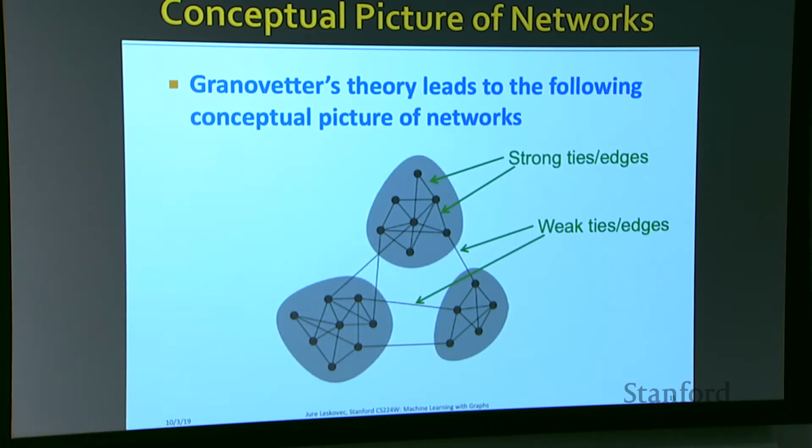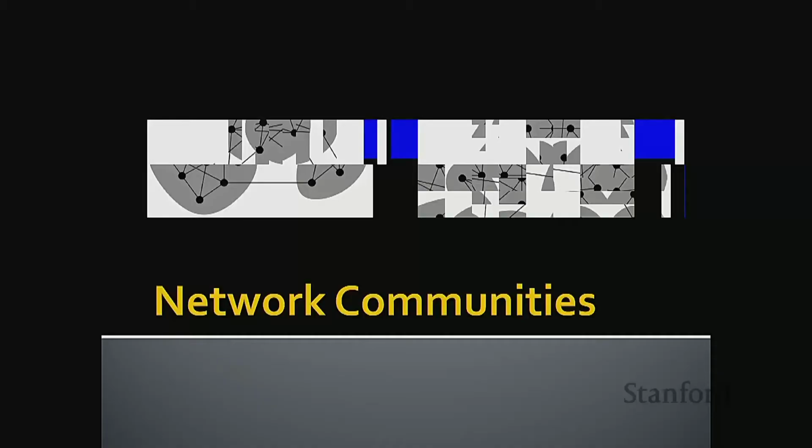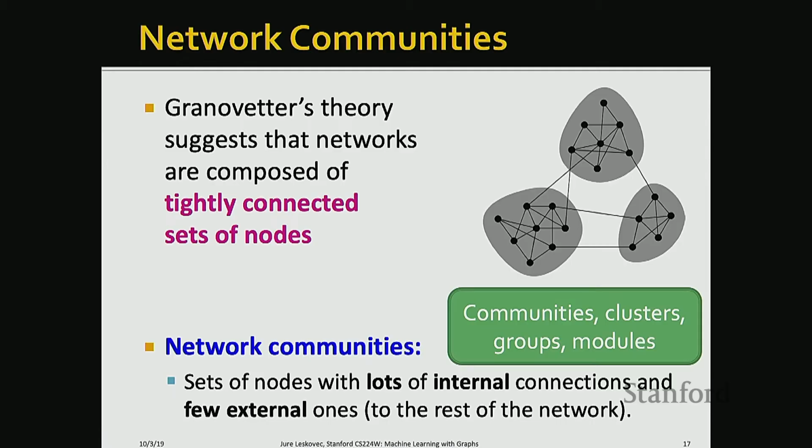So this was the introduction to today's lecture in 20 minutes. Now let's actually talk about what we'll really talk about today. We'll talk about community structures and how we discover them, right? What the theory I showed you so far, or this evidence from social science, tells us is that a good conceptual picture of networks is like that. And then what we'd like to do is be given a network and identify these communities, right?